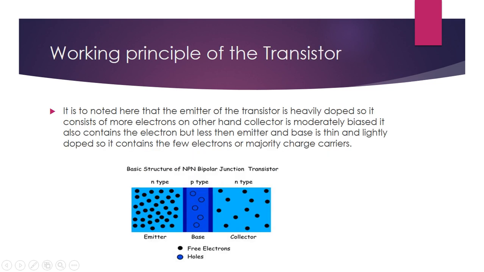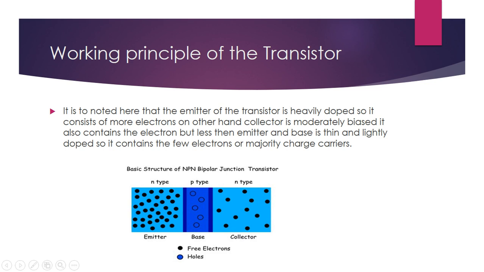Working principle: it is noted here that the emitter of the transistor is heavily doped, so it has more electrons. On the other hand, the collector is moderately doped. Now we see that this is the emitter region and this is the collector region. As we have already discussed, the emitter is heavily doped, so it has more charge carriers or free electrons.